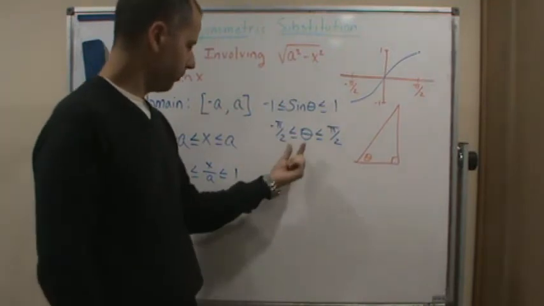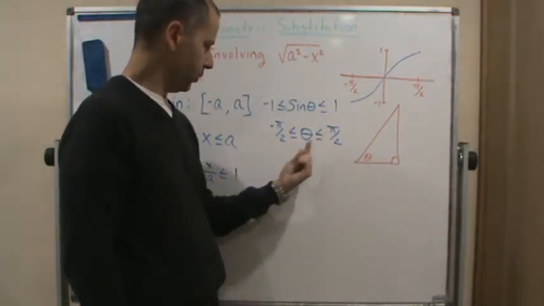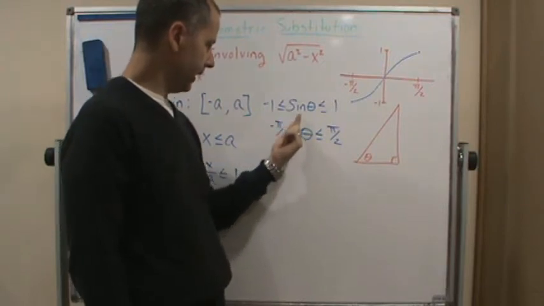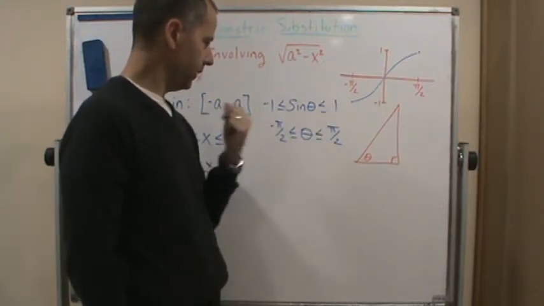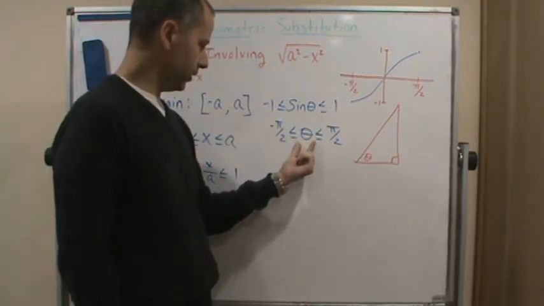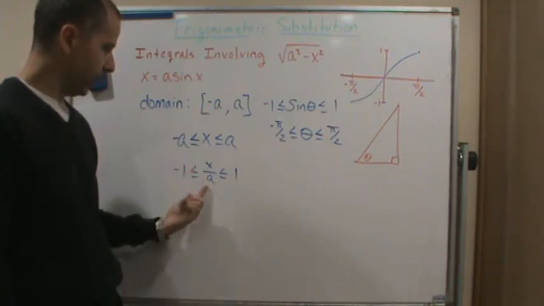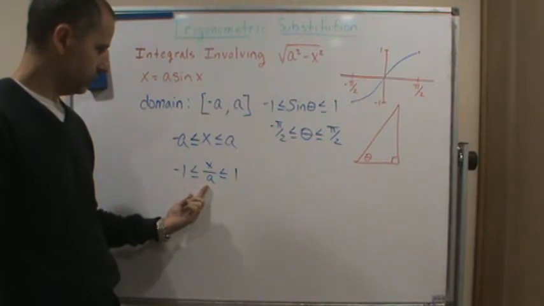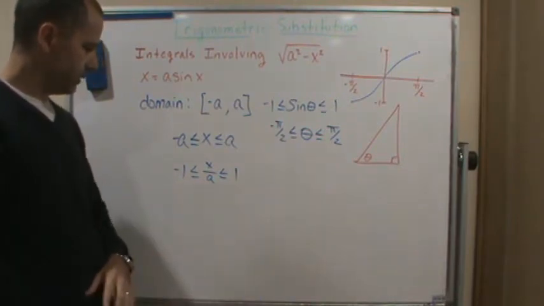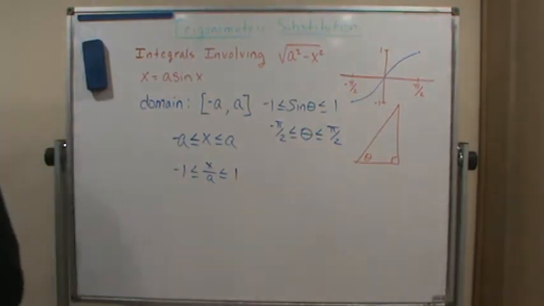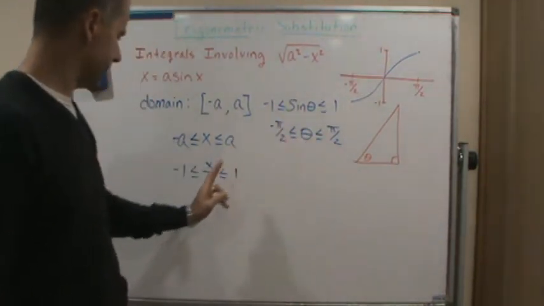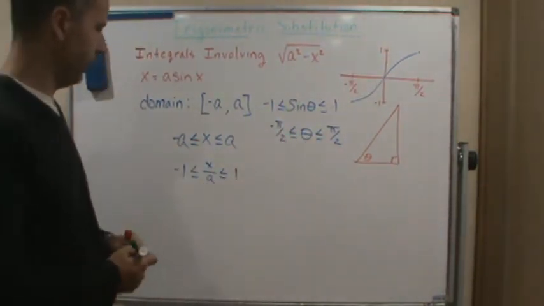Think about it: if theta is between these two, then sine theta is between these two. So there has to be a unique angle theta such that sine theta equals x over a. There's the connection.